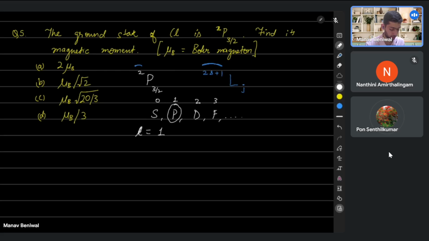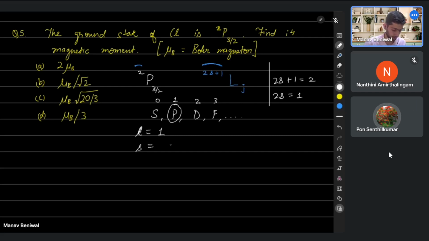Now, if you compare the superscripts, you have 2 here and 2s plus 1 here. You tell me what will be the value of s. If you compare, 2s plus 1 is 2. So then your 2s is 1, and then your s will be 1 by 2.